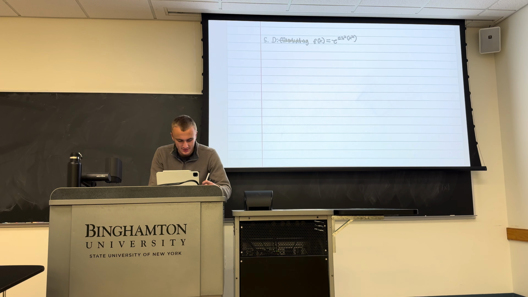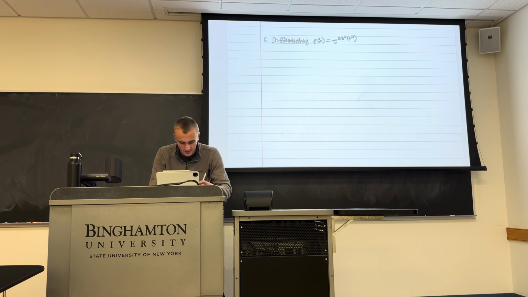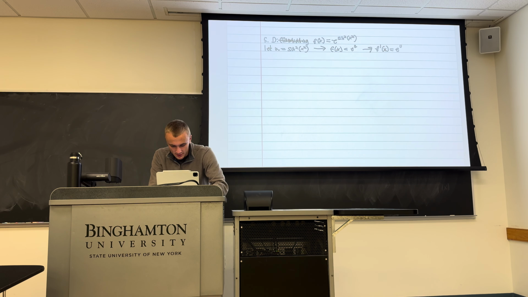So an easy way to do this, because that's kind of a big term that we have there in the exponent, is we're going to let u equal sine squared of x squared, such that f of x equals e to the u. Now we know f prime of x equals e to the u times d dx of u, the derivative of u.